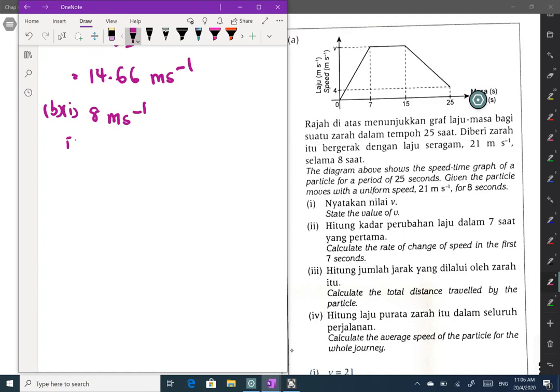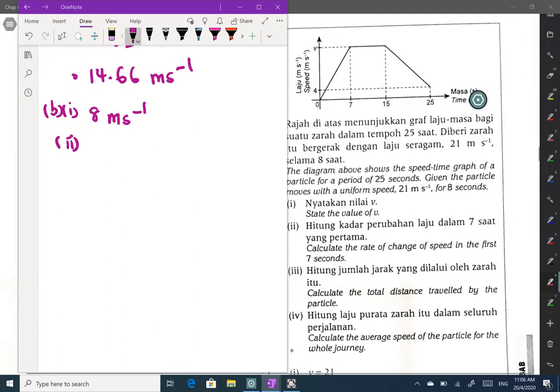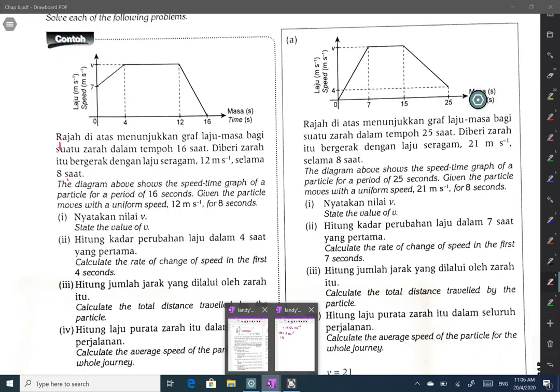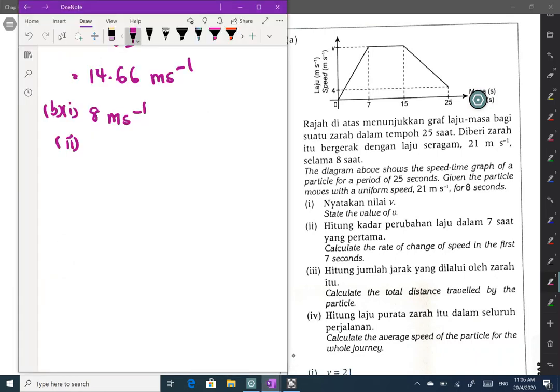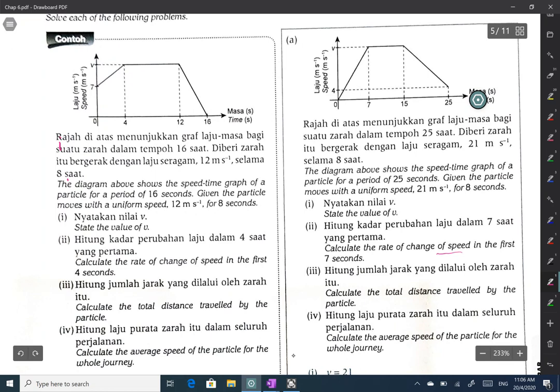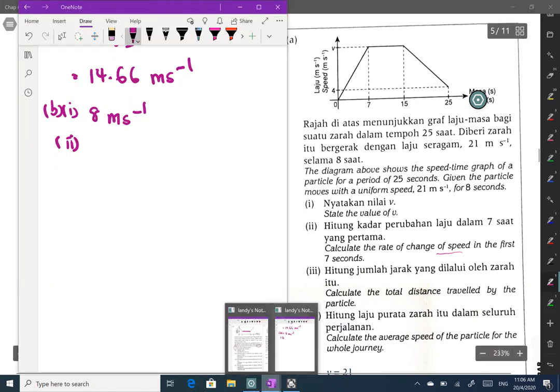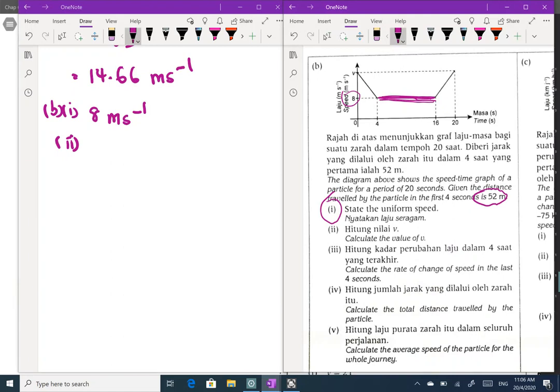Number 2. Calculate the rate of change of speed in the first 7 seconds. I think I went to the wrong question. Oh, sorry.